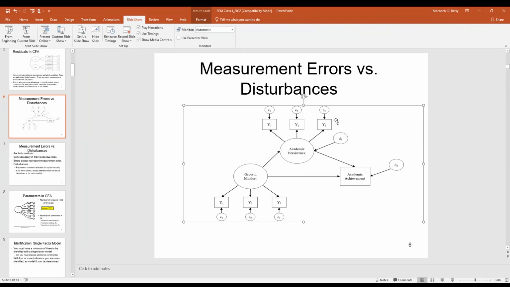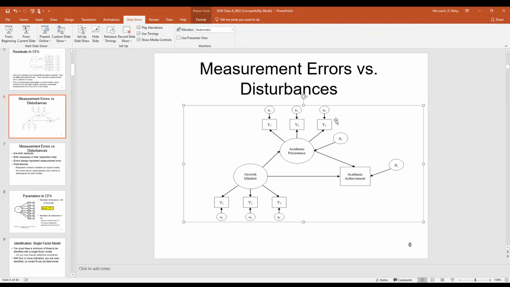So there, I really can partition error variance. I've got the variance in academic persistence that's not explained by growth mindset. And then I've got the variance in the 3 indicator variables that isn't explained by academic persistence. Does everybody see that? And that's really, really helpful.